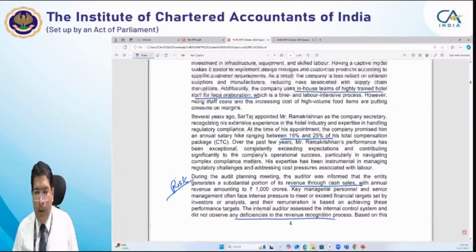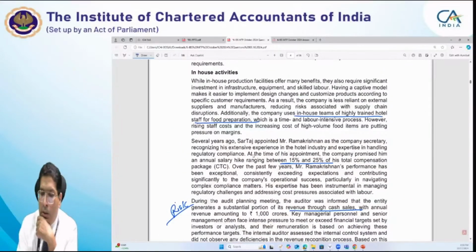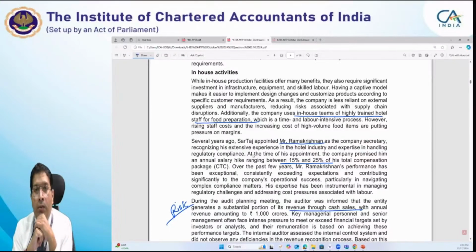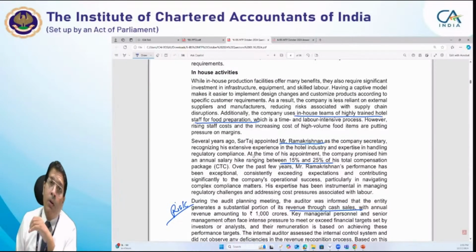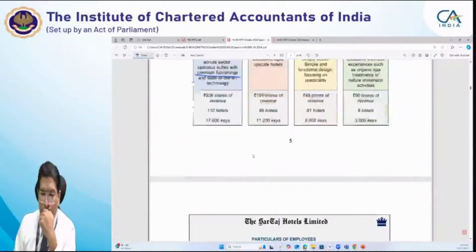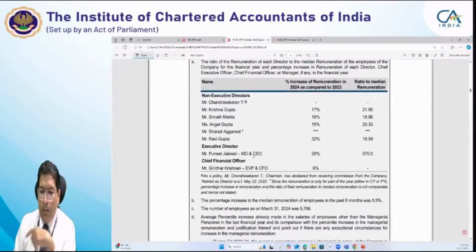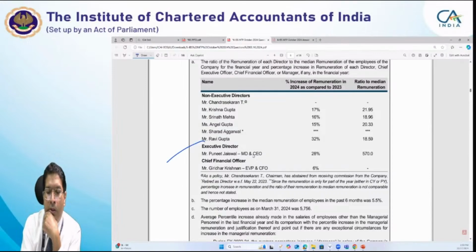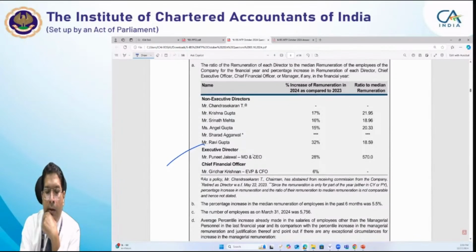His name was Mr. Ramakrishnan, and because his performance was exceptional, it may be presumed that he is getting an annual increment of 25%. Therefore, his remuneration should be disclosed. Okay, but here they have missed the company secretary.